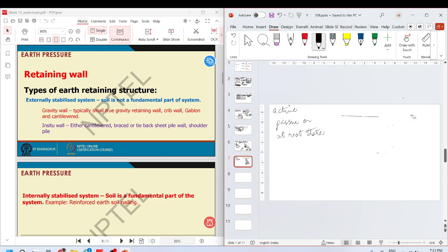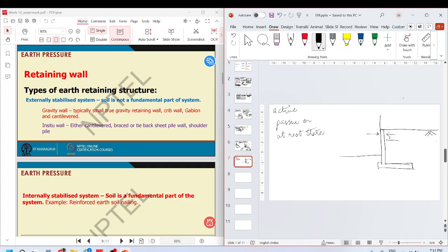Now, as opposed to this, I have a structure which is holding some soil here. You see, there is an imbalance of forces on this structure.